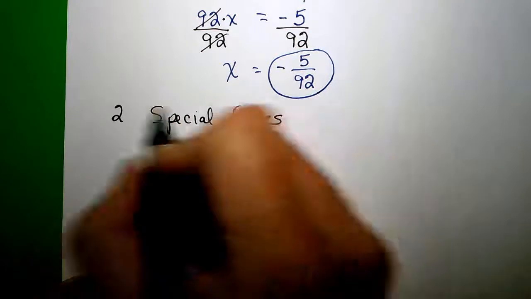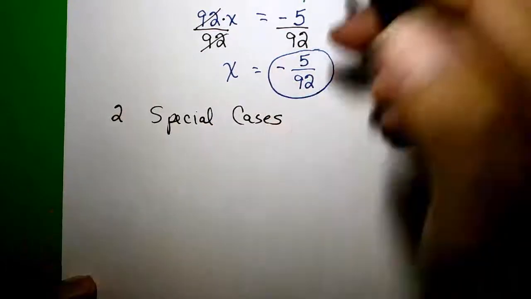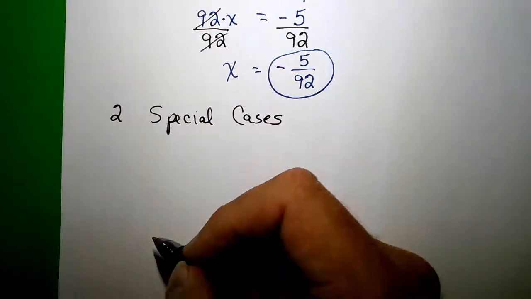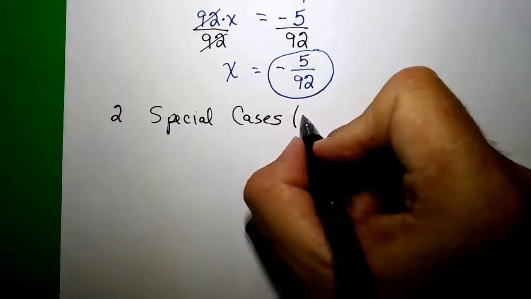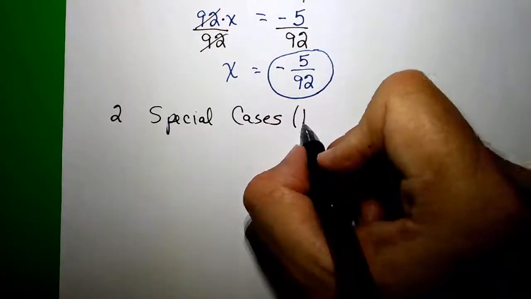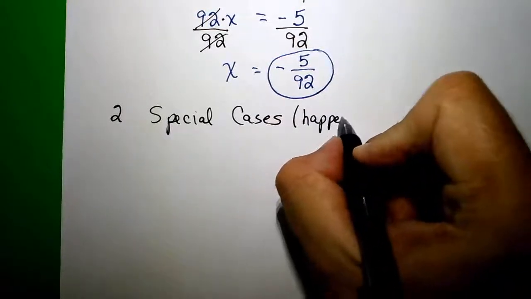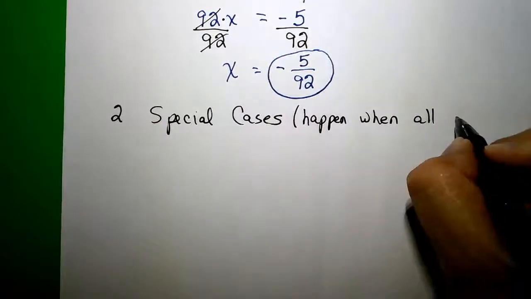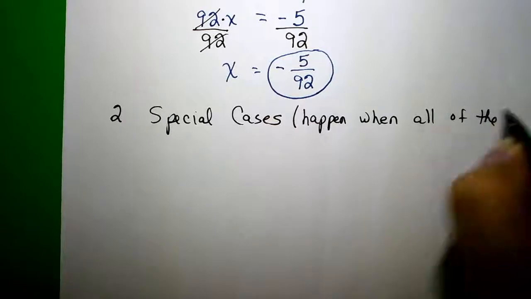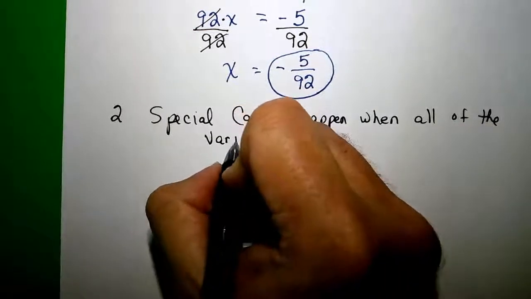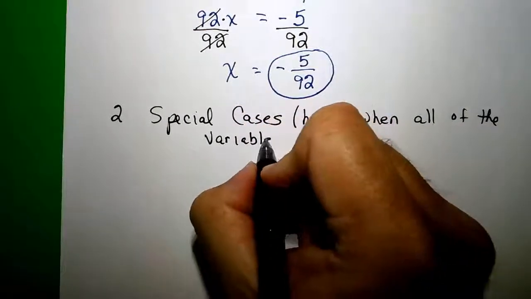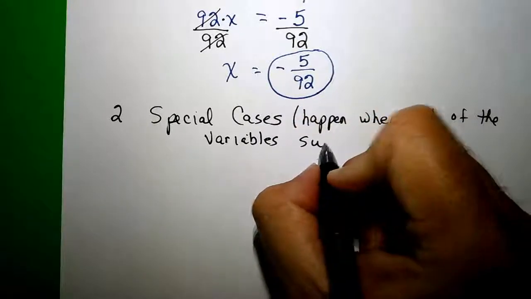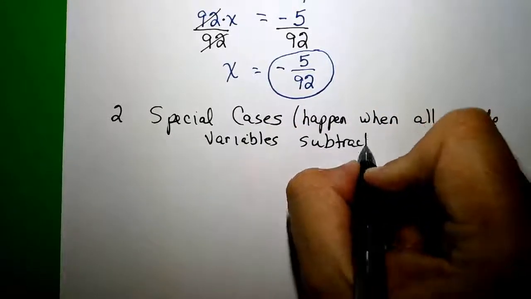Every number is a solution. These two special cases happen when all of the variables subtract down. I'll show you what I mean by that.